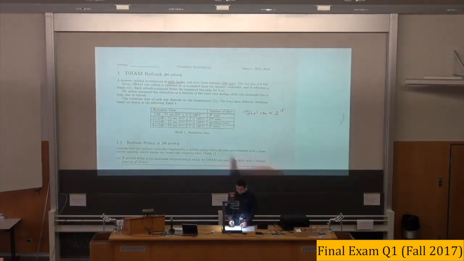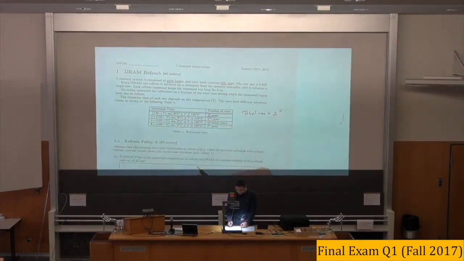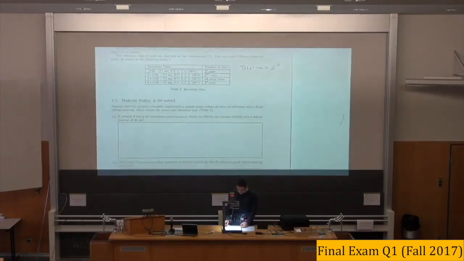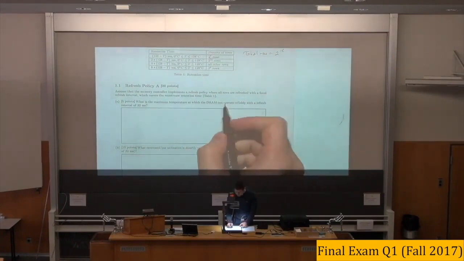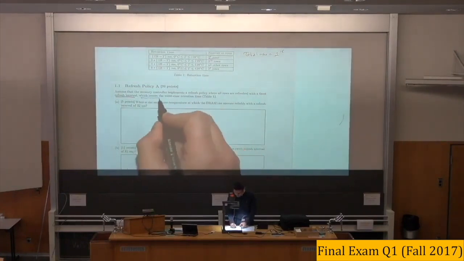We also have a table that shows the retention times of certain rows given the temperature. So let's jump to the first question. We are given a refresh policy called refresh policy A, which has a refresh interval that refreshes all the rows in a DRAM and covers the worst case retention time.